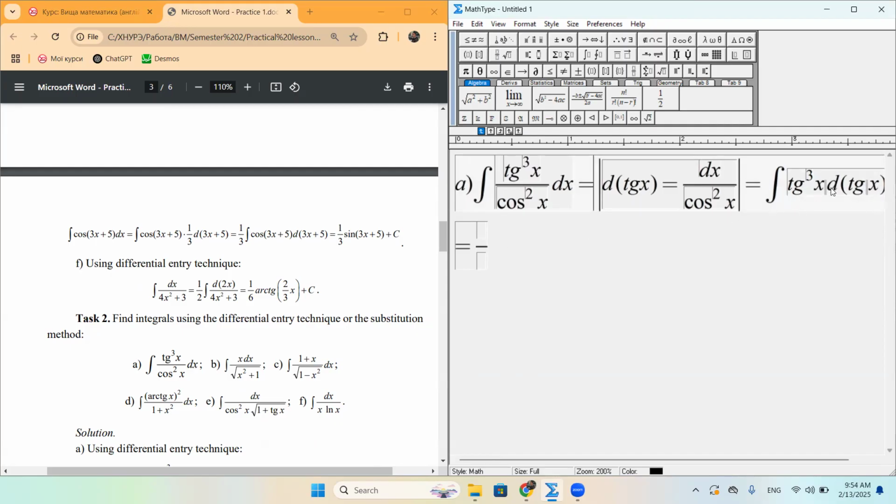So now this is a power function, 1 by 4, and we have tangent in power of 4 of x plus c. Any questions about this task? Okay, I guess no questions. So now let's move on.